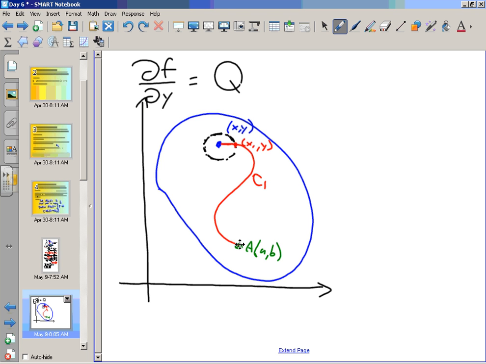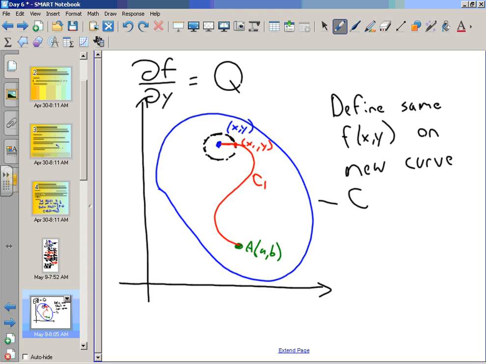And so we would define the same thing on this new curve C, and instead of differentiating with respect to y like we did there, we're going to differentiate with respect to x and go through the same process.